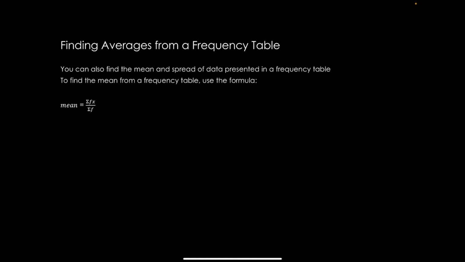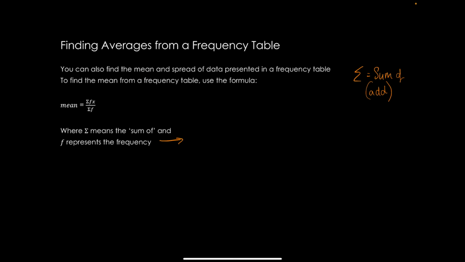So this formula says that the mean equals the sum of fx divided by the sum of f. The sum sign means sum of, which means you just add them together, and f represents the frequency. The frequency is how many.